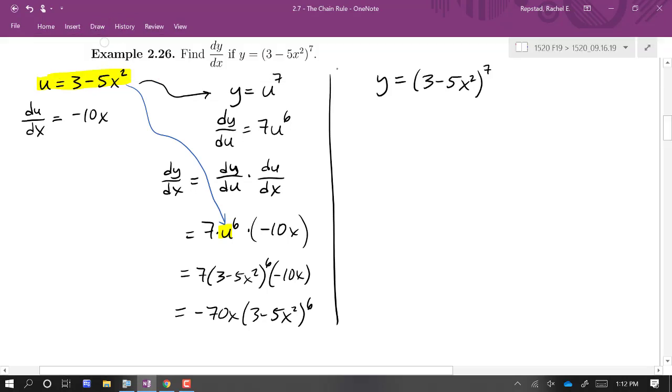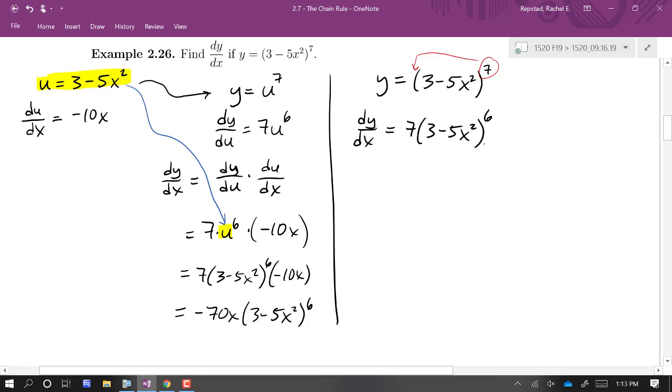So the general power rule says I just bring the 7 down. So let's see, I'm going to start right off with dy dx, right? I'm not doing dy du or anything. So the power rule would say, oh, I'll bring that 7 down in front. Then I rewrite the stuff in the parentheses as is. No changes at all. 3 minus 5x squared to the 6th power.